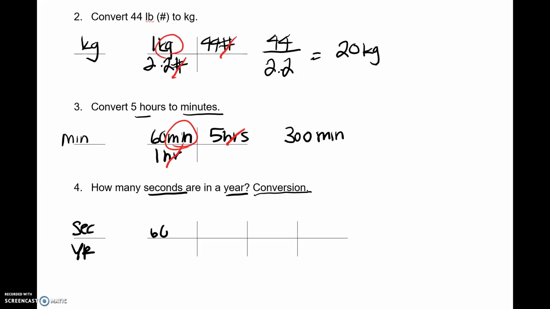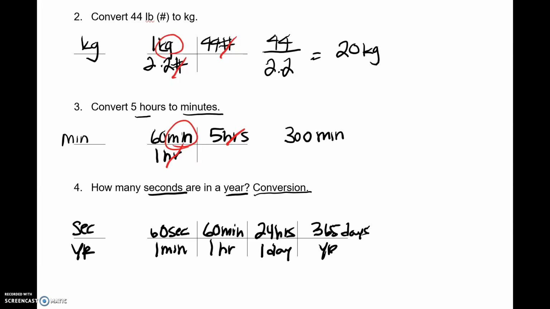Now there's 60 seconds in 1 minute. Well, there is 60 minutes in 1 hour. There are 24 hours in 1 day. And there are 365 days in a year.